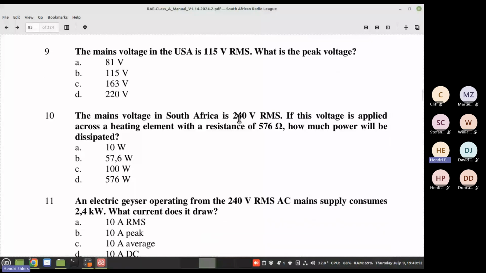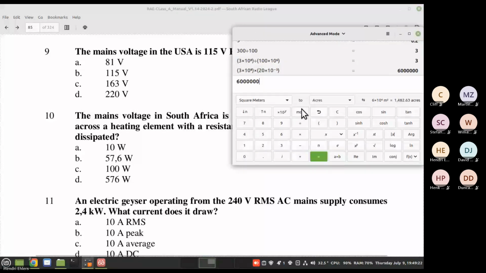Okay, the mains voltage in the USA is 115 volt RMS. So what would the peak voltage be? 115 divided by 0.707. 162, so I'll go for 163.